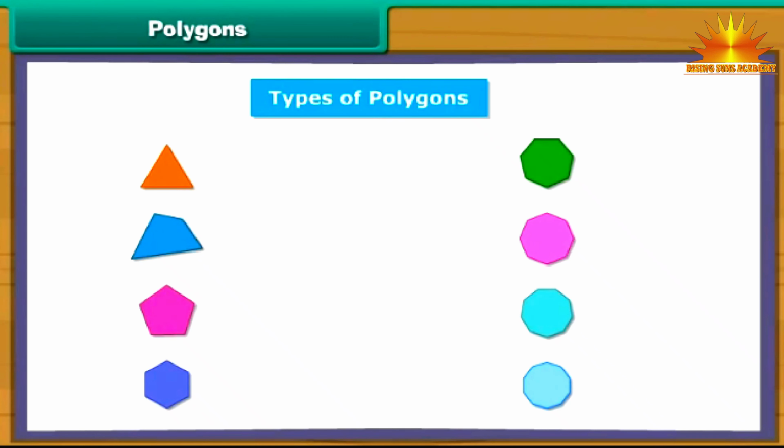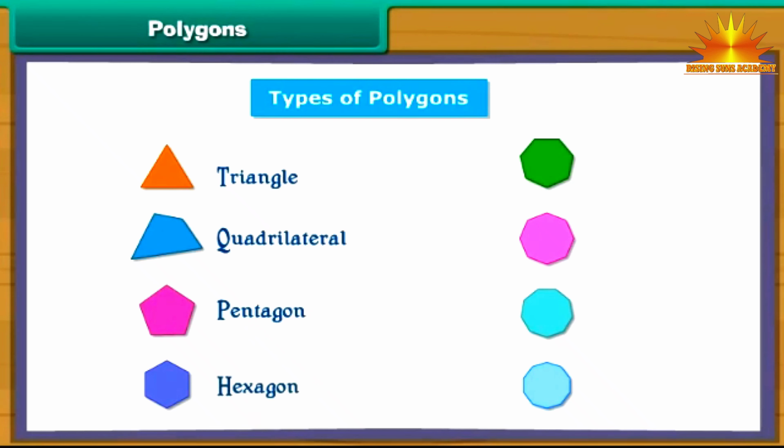They are triangle, quadrilateral, pentagon, hexagon, heptagon, octagon, nonagon, and decagon. Now we will learn more about each polygon one by one in detail.